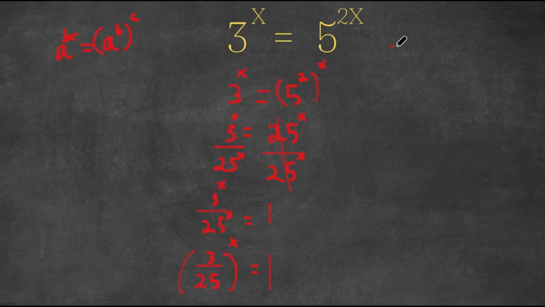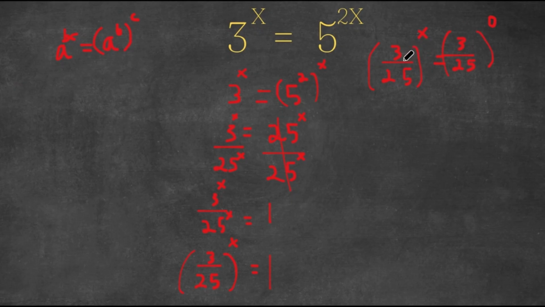So this is equal to 3 over 25 to the power of x equals 3 over 25 to the power of 0. Because remember, this is equal to 1, and now we changed both of the terms so that they have the same bases.